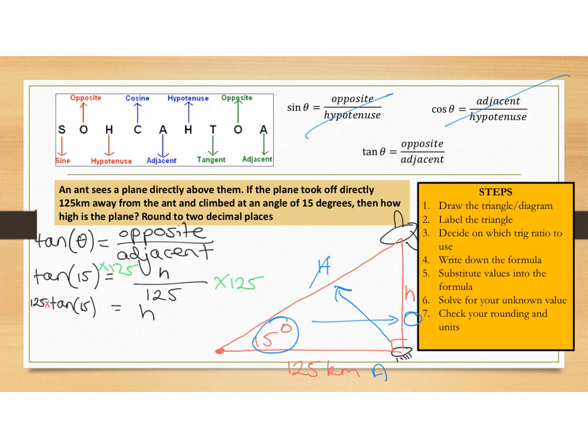And I'm left with 33, and I'm rounding to 2 decimal places, 0.49 kilometers is equal to H. So we can make a conclusion that the plane is 33.49 kilometers above the ant. So there's a question that has a little bit more context or meaning to it than one of those questions that we looked at last video.